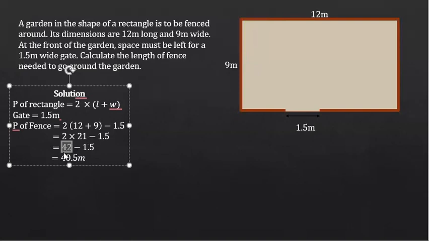If you were to put this as your answer, the question would be marked wrong because it was incomplete. To get the length of the fence and not the perimeter of the garden, we need to account for the 1.5 meter width of the gate, so we subtract it from our perimeter. That is why we subtract 1.5 from 42 to give us 40.5 meters.